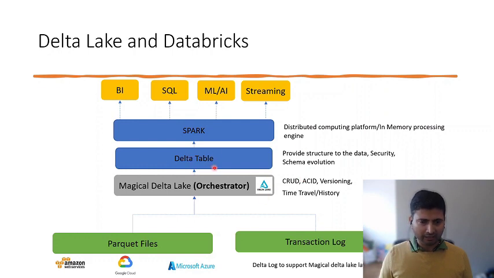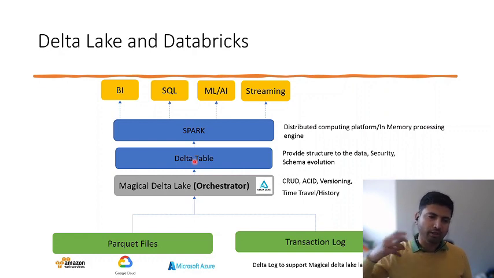And here in the Delta table space, I forgot to mention, it also gives you a possibility to set the authorizations. Like, let's say a regional manager of Europe should not be able to see the data of North America.